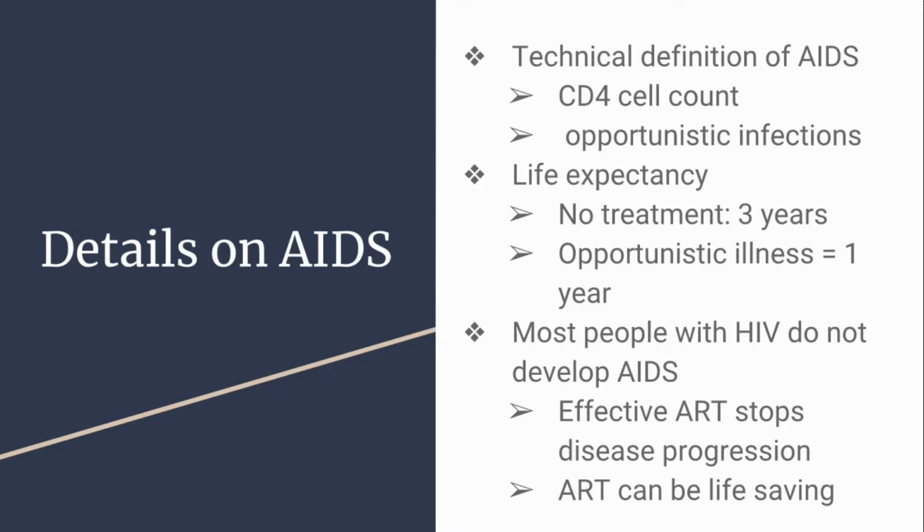Treatment actually benefits people with HIV no matter when started. However, people who start ART soon after they get HIV get more benefits. Most people with HIV do not develop AIDS, and this is based off the United States because effective ART stops the progression of HIV. And people with HIV can live almost as long as those without HIV.